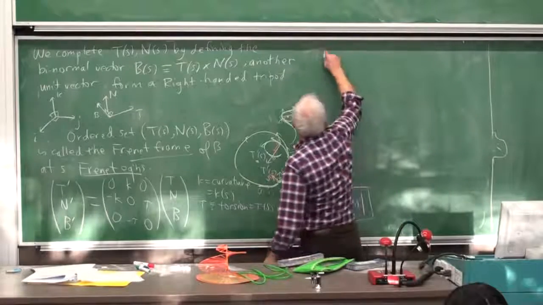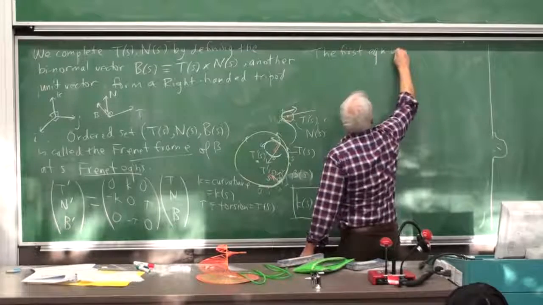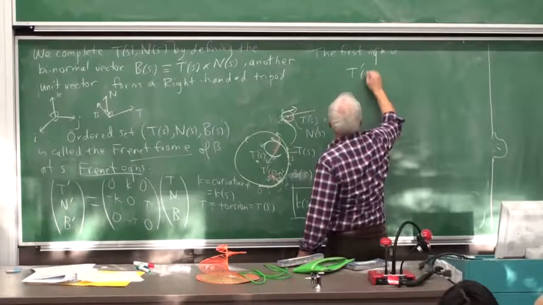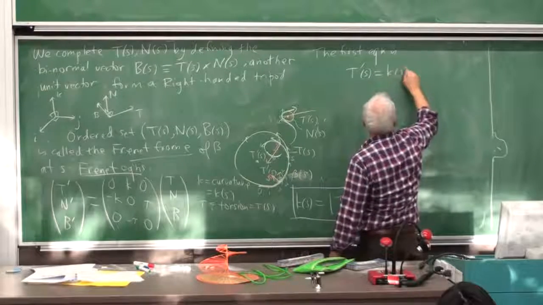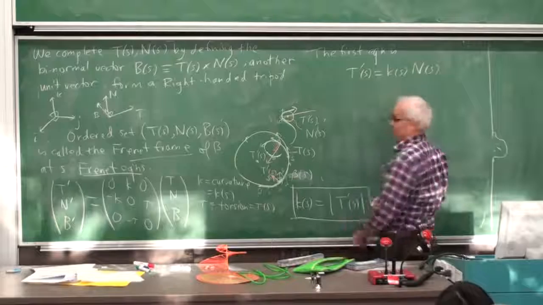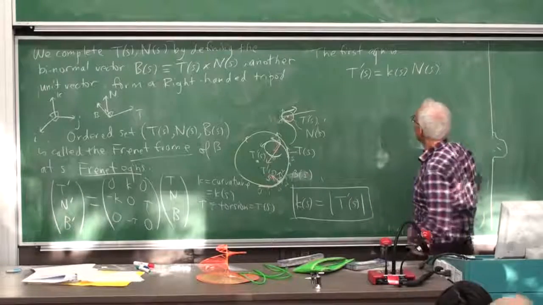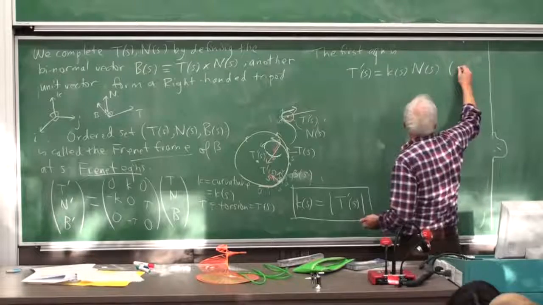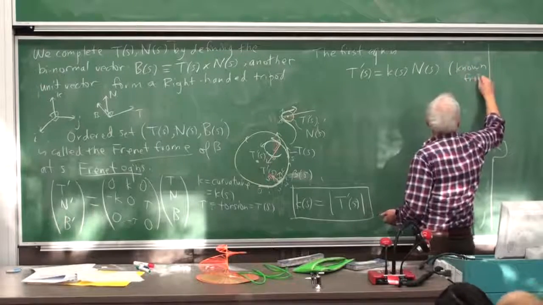So the first equation is T prime of S equals K of S times N of S. I'll write down the S dependences to make sure everything is depending on S. And so that's really already known from the definition.